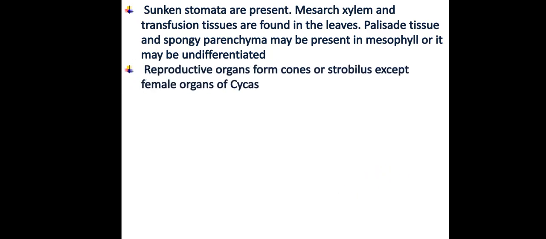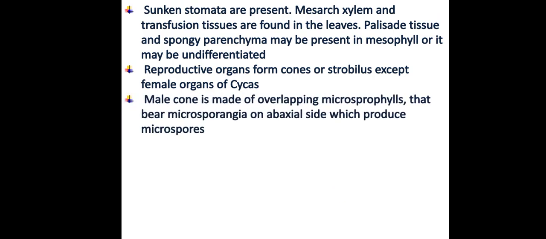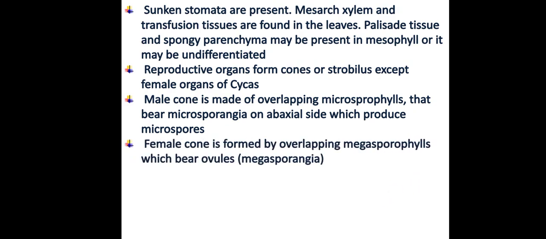Reproductive organs form cones or strobili except female organs of Cycas. Male cone is made of overlapping microsporophylls that bear microsporangia on abaxial side which produce microspores. Female cone is formed by overlapping megasporophylls which bear ovules or megasporangia.